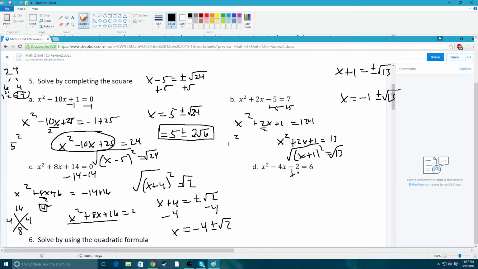Okay, for d, add 2 to both sides. So x squared minus 4x equals 8. Cut this in half and square it, so that's negative 2 squared. So add 4 to both sides. Okay. And this becomes, let me open up a little bit of space for myself over here.